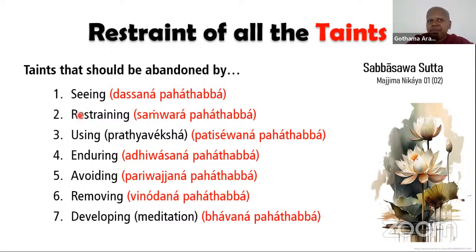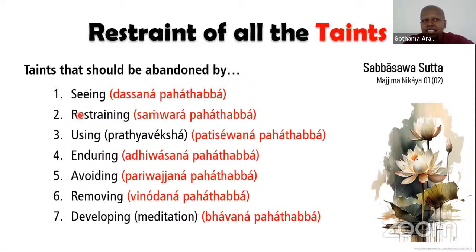It will leave you. It's similar to the magnet: when the magnet is removed, the iron particles just fall down. But when the magnet is there, can you pull the iron particles one by one? No, it's very hard. But if you take the magnet away, all these iron particles just very freely fall down.